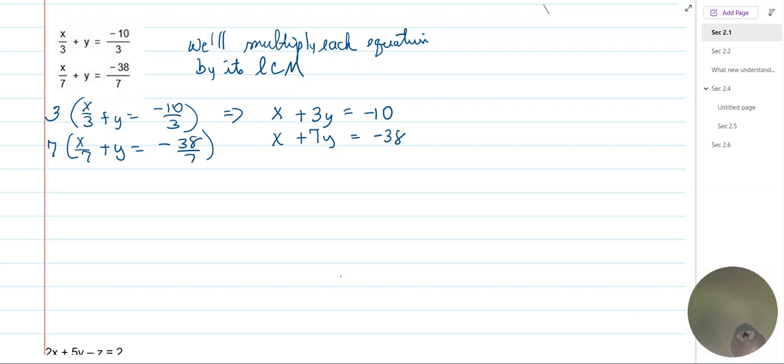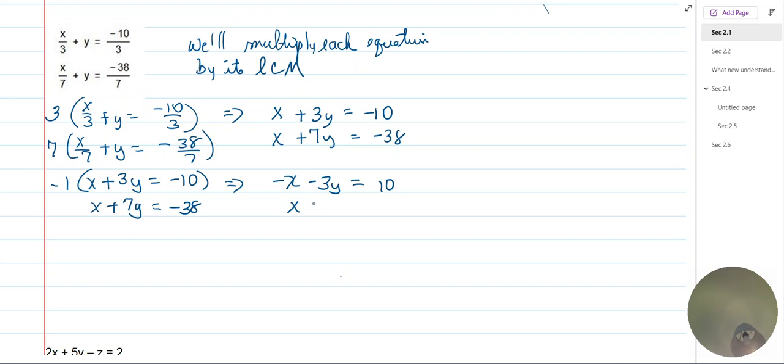All right. Well, now we're going to multiply either the first or the second. It doesn't matter. We're going to multiply a -1 through the first one. And we're going to keep the second one as it is so that the x's will zero out. When I do that, I'm going to have a -x, a -3y, and a +10. And to it, I'm going to add the second linear equation vertically.